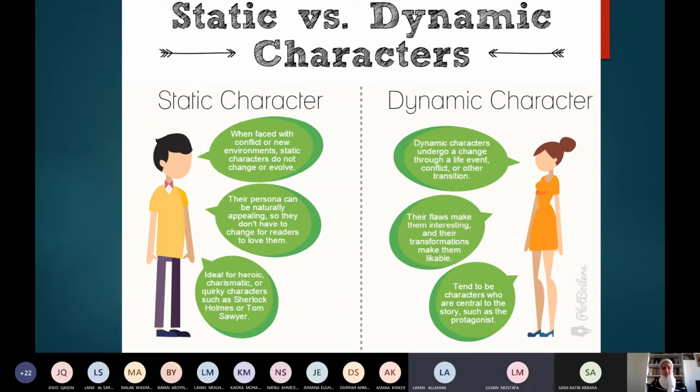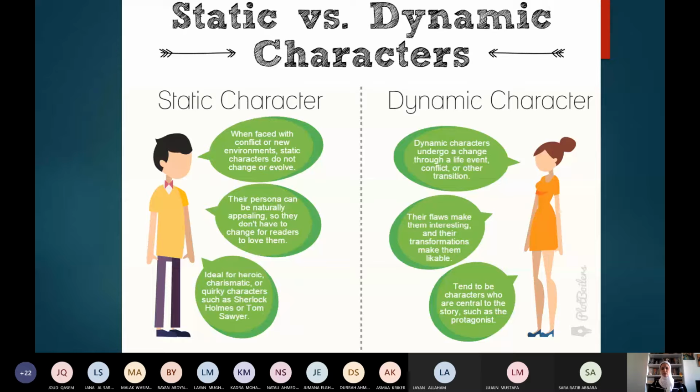So static, as Lan said, is no motion. But dynamic character, there is a movement. So the static character, when he faces a conflict or a problem, doesn't change or evolve.